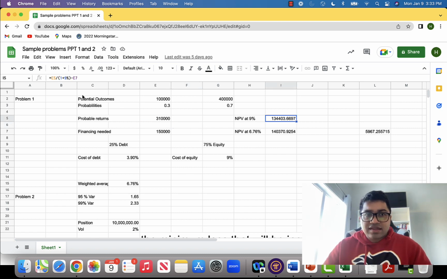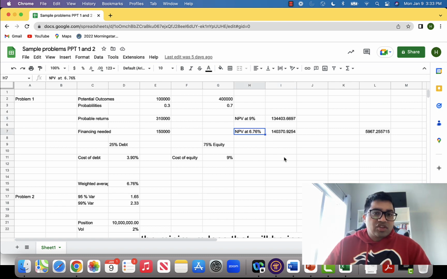So that is $133,000. How do we calculate NPV? Present value of this minus financing needed in current terms. So it is 310,000 divided by 1 plus 9%, because you're going to discount it for a year, and subtract $150,000 from it. That gives you NPV at 9%.